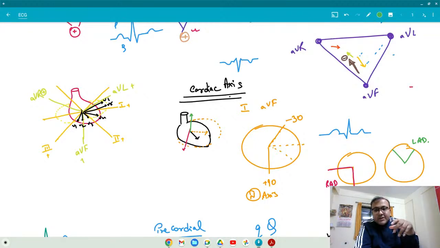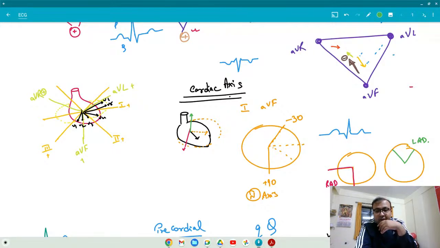So what do we see? All the lower leads, it's common sense: lead 2 and lead 3. Lead 1 is not a lower lead. Lead 2 and lead 3 will pick up a negative QRS complex. Of course, AVF will also take up negative QRS, since AVF is also a lower lead.